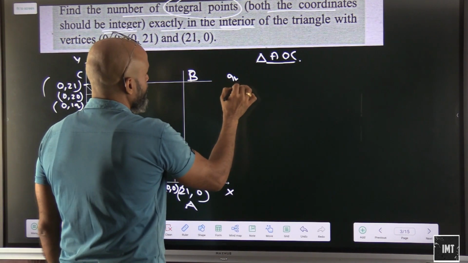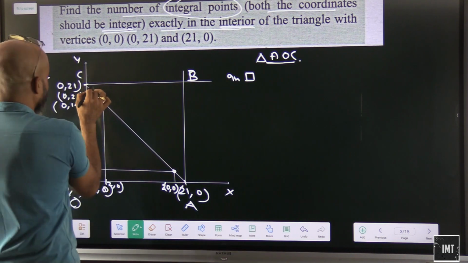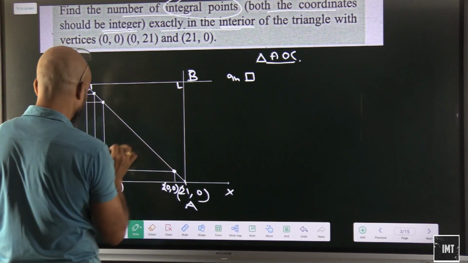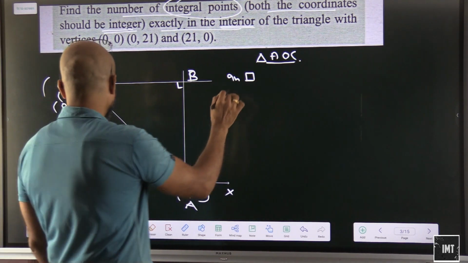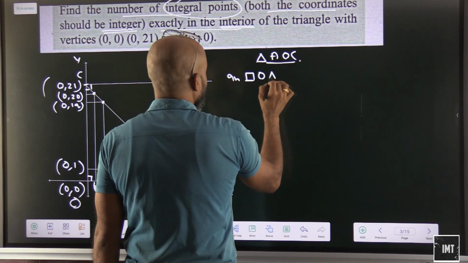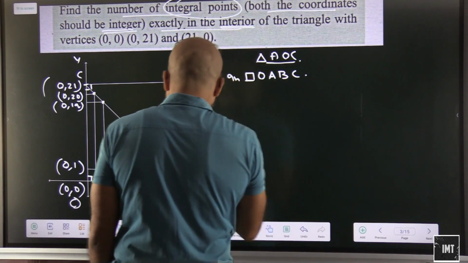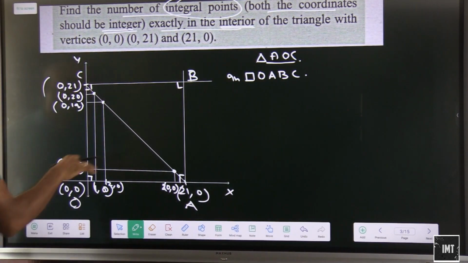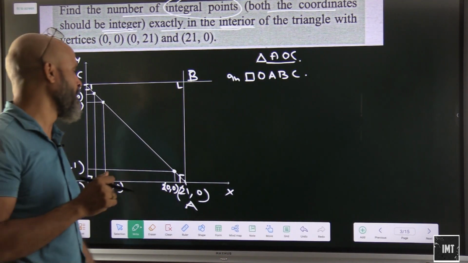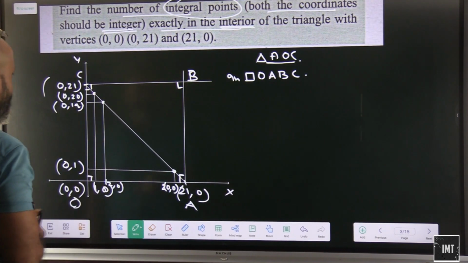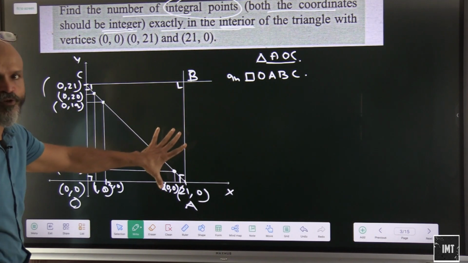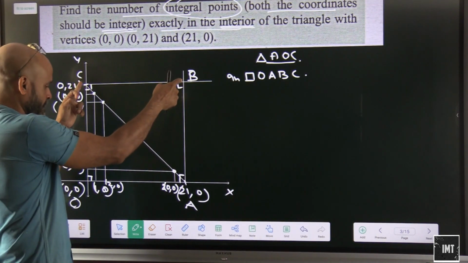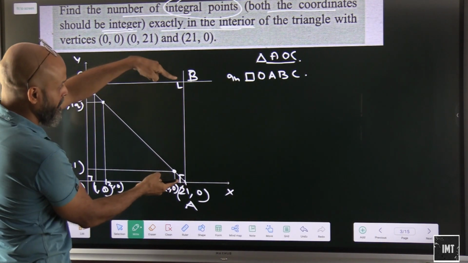Now in the square, obviously this is a right angle, this is a right angle, this is a right angle, and this will also be a right angle. In square OABC, how many points would lie internal to it? From here to here it is 21, and from here to here it is 21.